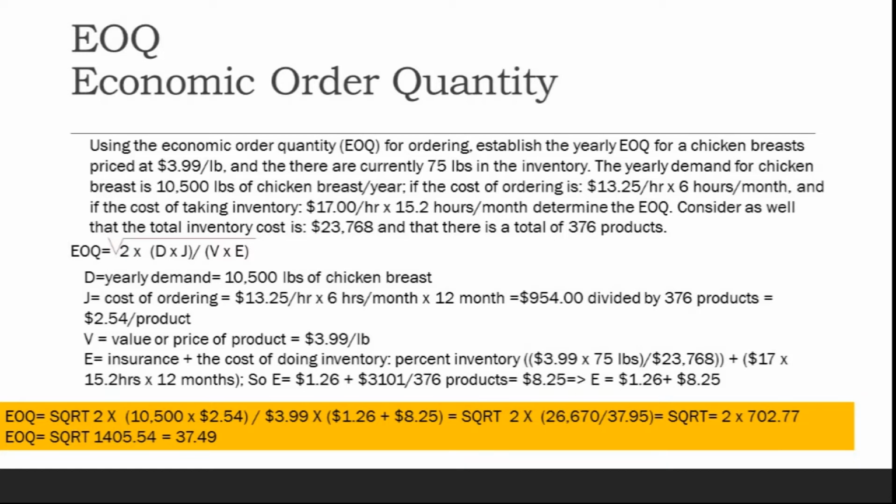Once you've completed the calculation, then it's the square root of 1,405.54, which equals 37.49. So I would recommend that students practice this kind of equation, understand the intricacy of each of the variables and how the square root and 2 times the parentheses actually works, right? So what you're noticing here is the multiplication by 2 is at the very end of all the calculations.